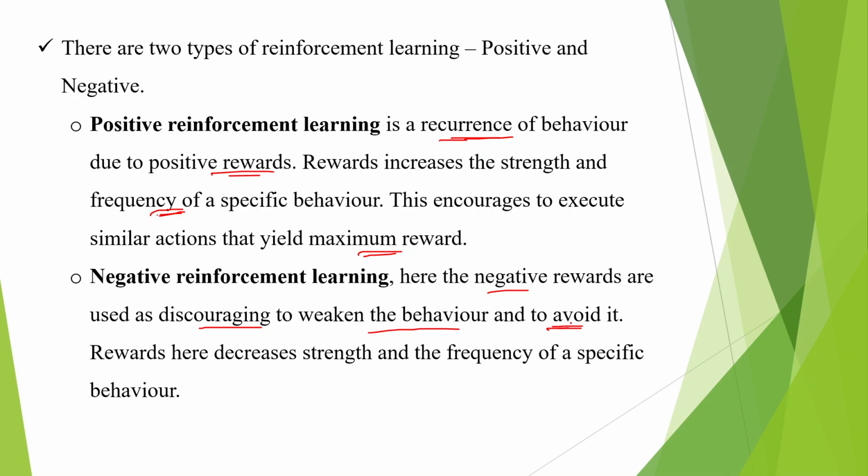This statement gives the full justification for negative reinforcement learning. We always try to discourage or weaken the behavior of gaining negative rewards, and we try to minimize the frequency of such behavior. Hopefully it is clear.